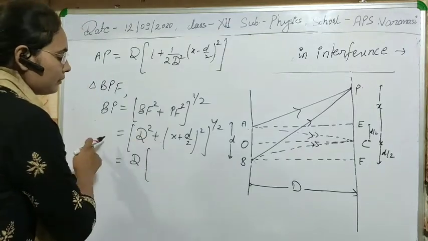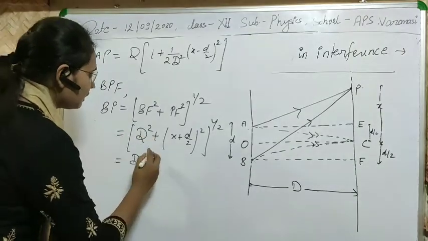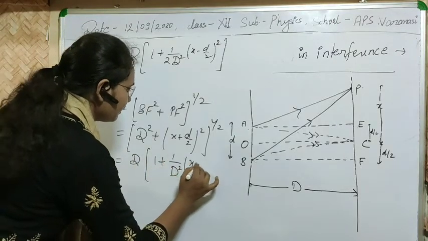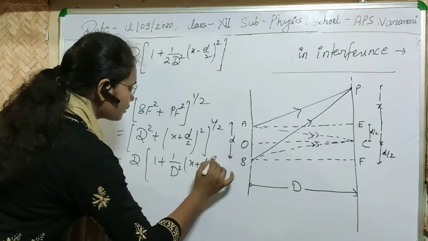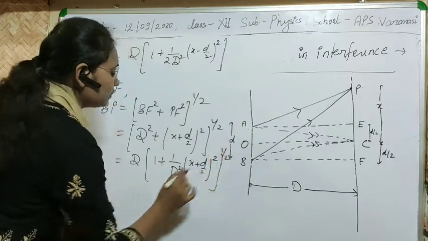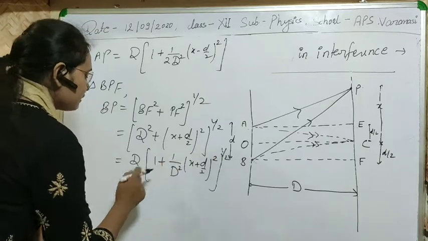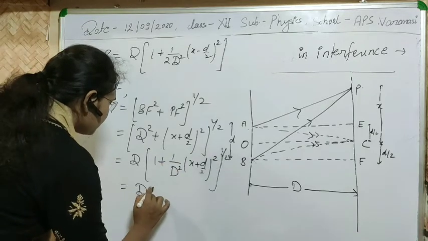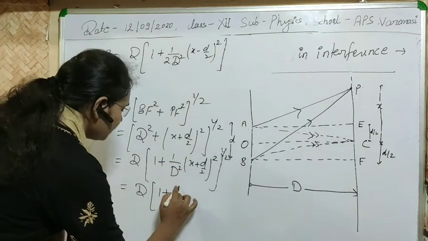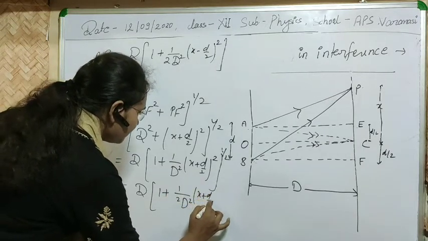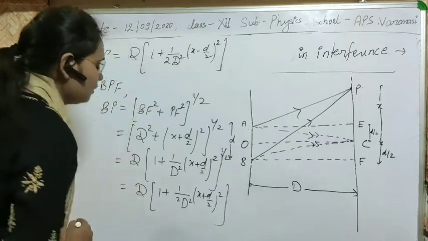Take D common from this portion. Then we will get 1 plus 1 by D square times x plus d by 2 whole square. Actually we are doing this to use binomial expansion of first order. So we can simply multiply this term here for the expansion. Then we will get D plus 1 upon 2D square times x plus d by 2 whole square.